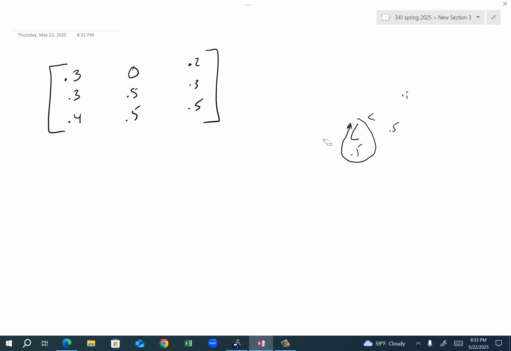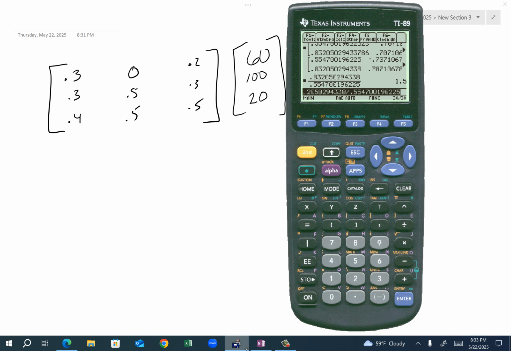First of all, is it a transition matrix? Yeah, of course it is, because the columns sum to 1. So if I had a situation where we have 60, 120, what will happen in the long run? Where will we steady state to? So I'm going to pull this up.